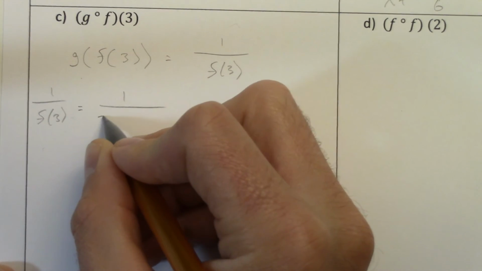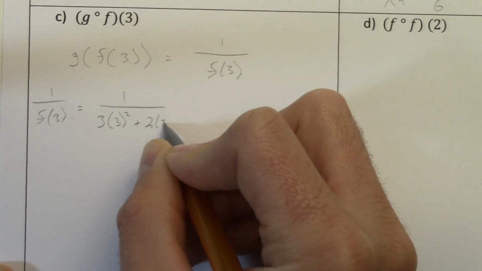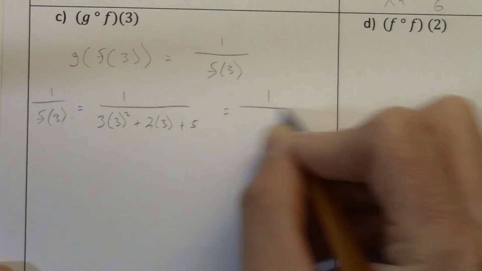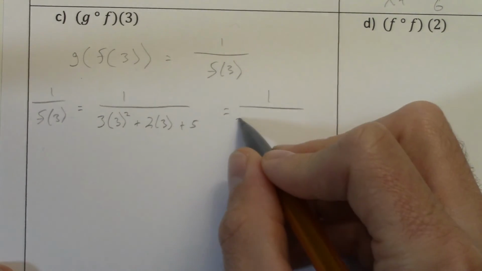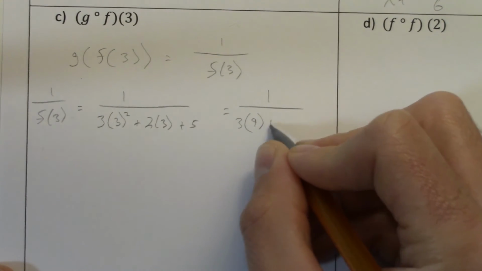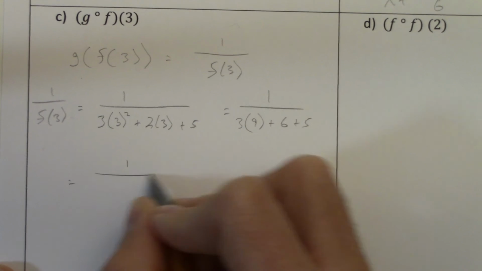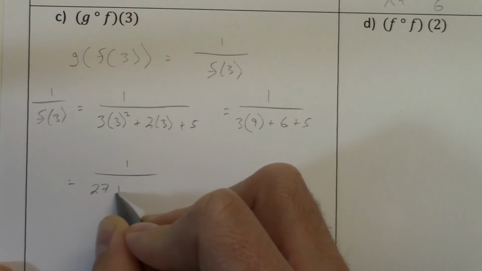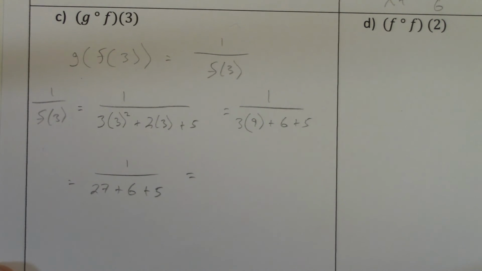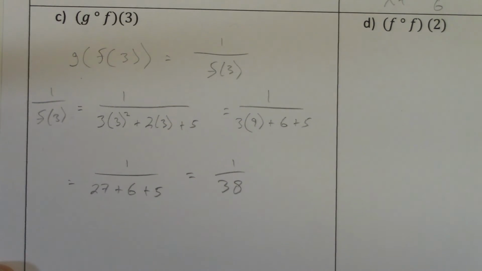So that's 3 times 3 squared plus 2 times 3 plus 5. And then I simplify that. So that's going to be 3 times 3 squared is 9, plus 6 plus 5. That's going to give me 1 over 27 plus 6 plus 5. That's going to be what? 33, 38. So 1 over 38 is my final answer.